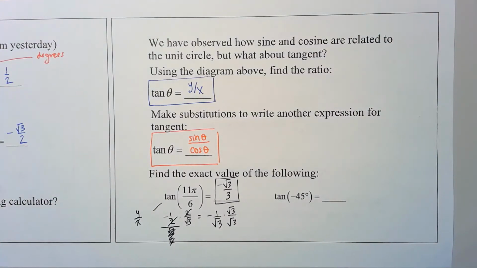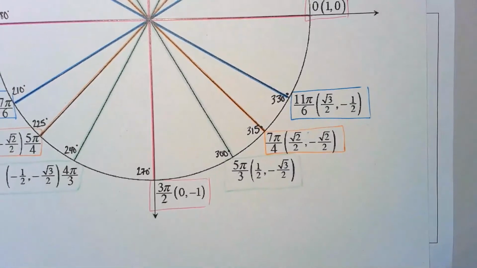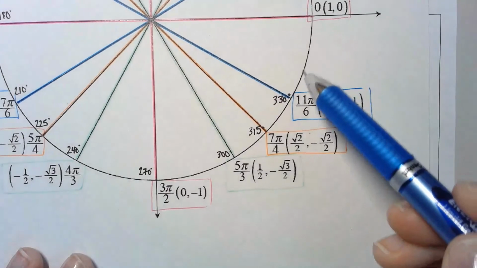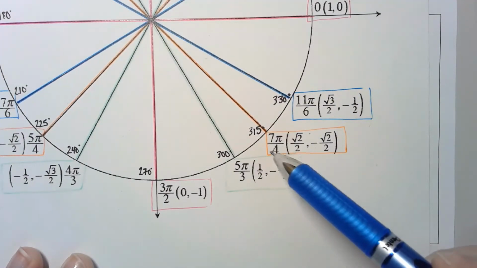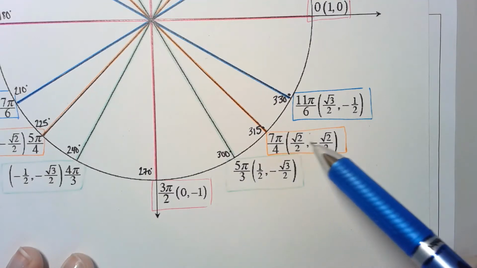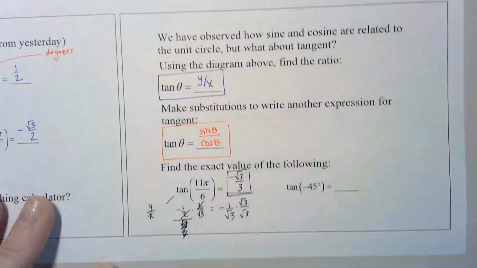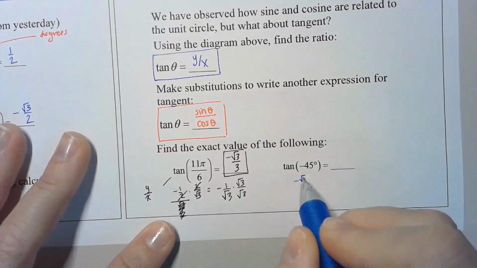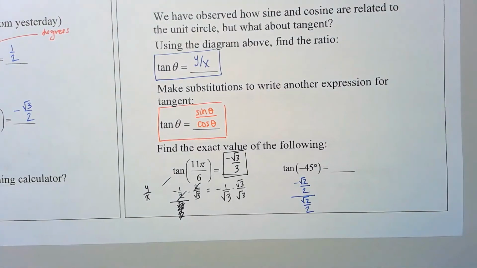The tangent of negative 45 degrees. So 45 degrees is pi over 4. Negative pi over 4 puts me here at 315, or 7 pi over 4. So here are my coordinates. I want the y divided by the x. So I have negative radical 2 over 2 divided by positive radical 2 over 2.